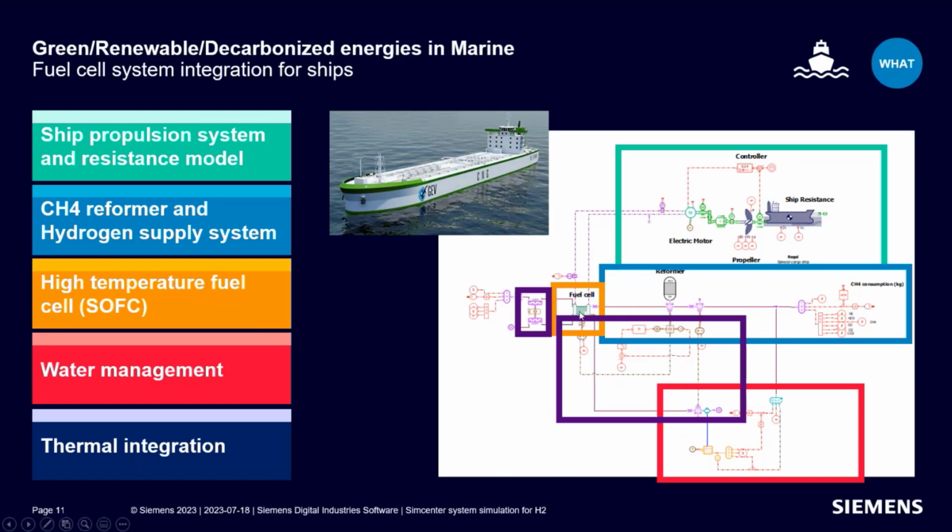So in this system model, we can evaluate how the power generated by the fuel cell can be supplied to make it possible to have the right reaction in the reformer. In the same way, the fuel cell is producing some water, so we are also simulating the water network, where we will capture the water at the outlet of the fuel cell in order to deliver it at the inlet of the reformer.